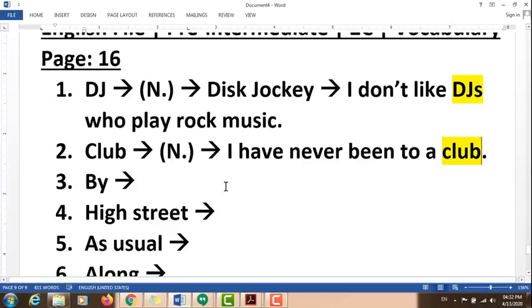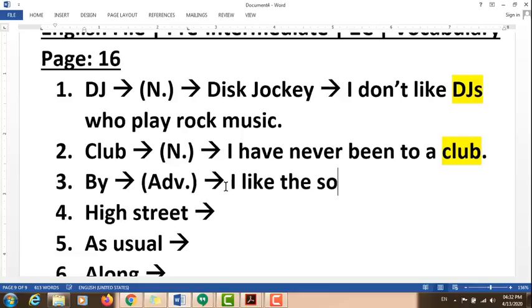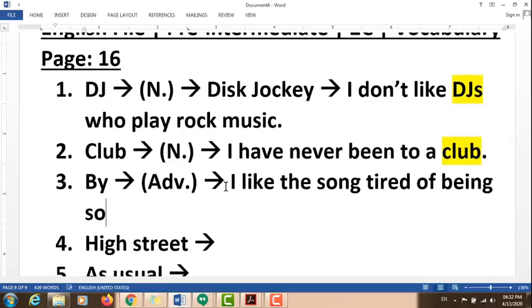Now, next one, by. This is an adverb, قید. Okay, I like the song Tired of Being Sorry by Enrique Iglesias.